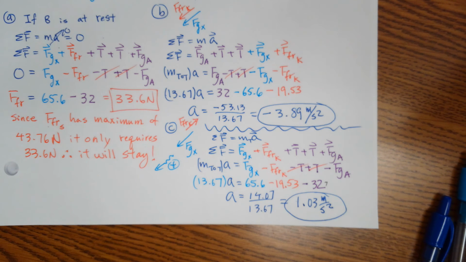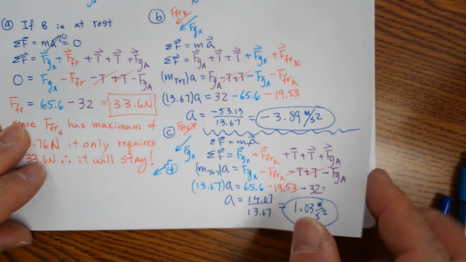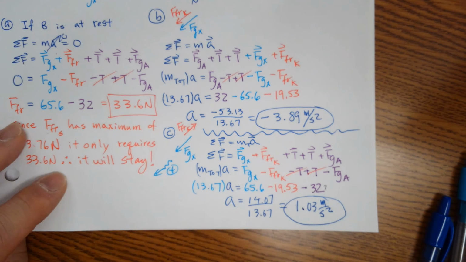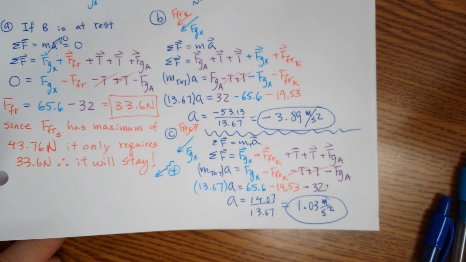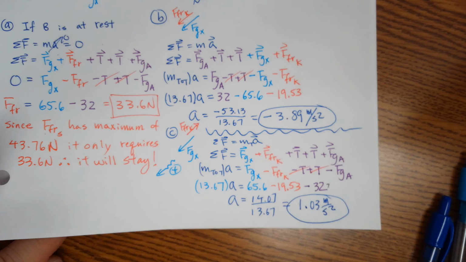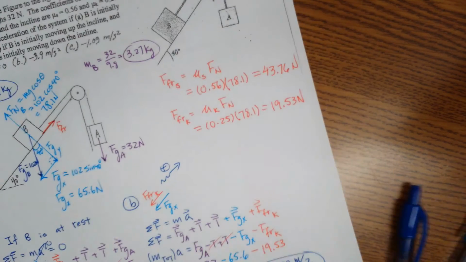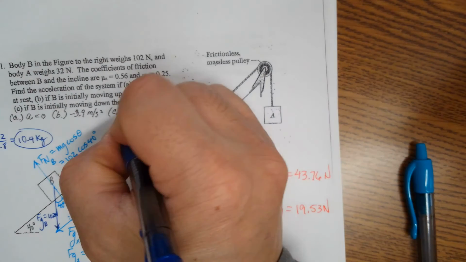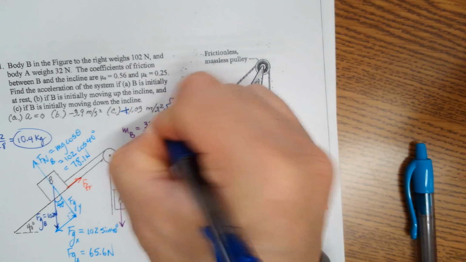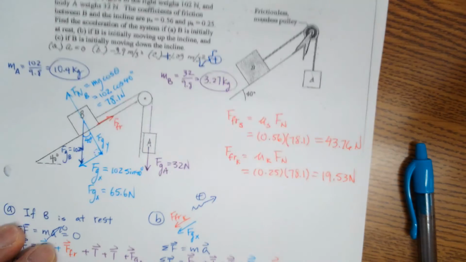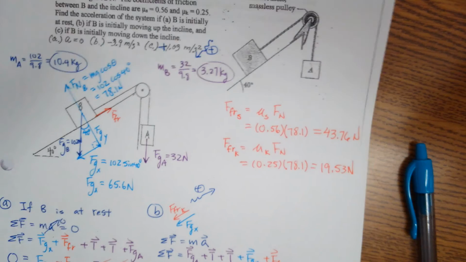Good. Yeah, I don't like this negative sign in front of that. That should be positive. Where going down direction here is positive direction. All right.